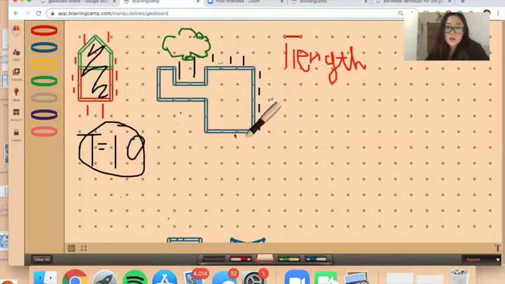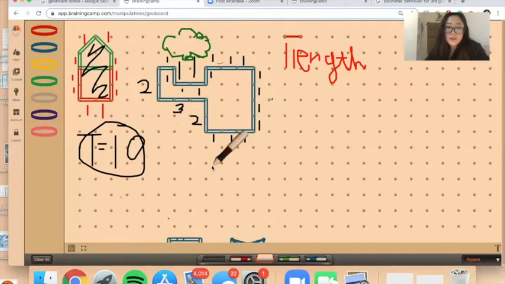So here's 1, 1, 1. Here's one peg, here's another peg, so I know this is 2. So 1, 2, 3. So I know this side is 3. Go 1, 2, 2, 1, 1 here, 1, 1, and this peg to this peg is 1.